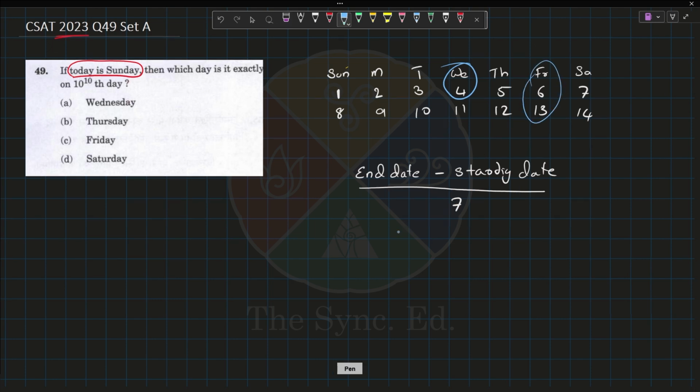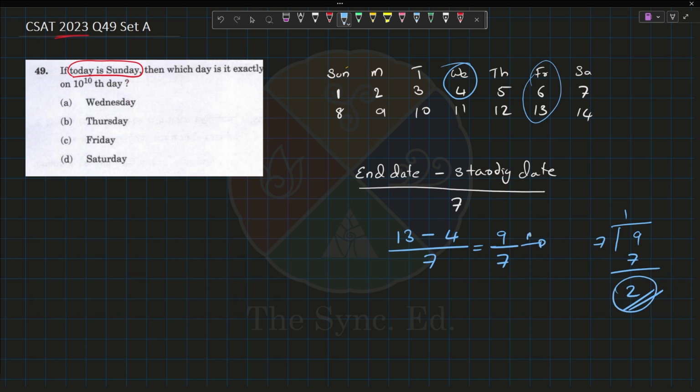Ending day is 13 minus 4 divided by 7. You will get 9 by 7, and it will go 1 times 7 balance 2. So you simply got the remainder as 2. That means you have to add 2 to Wednesday, that is Wednesday, Thursday, Friday. Okay, so it's as easy as that.